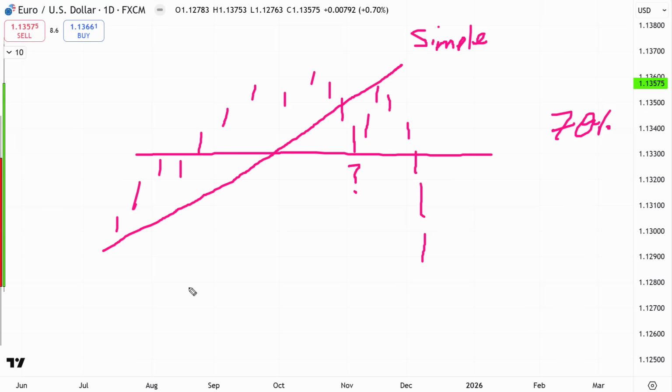Now, the thing with this is you don't have to trade this pattern, but it gives you a heads up if you're just monitoring a market and you see this happening. It may just be useful information for you. It may not be that I've got to buy that and look for a trade entry to get long. It may just be giving you a heads up.